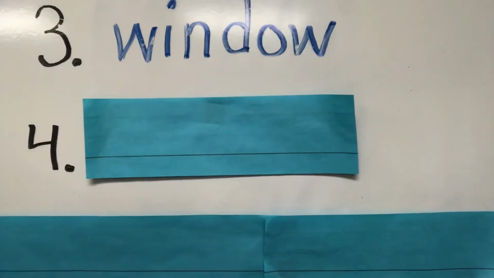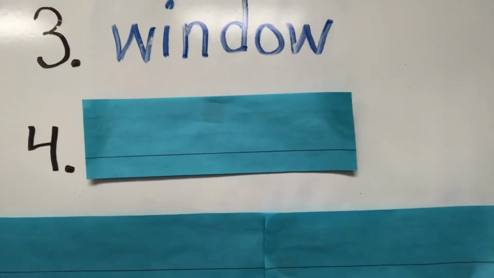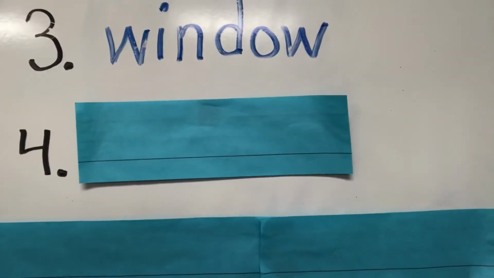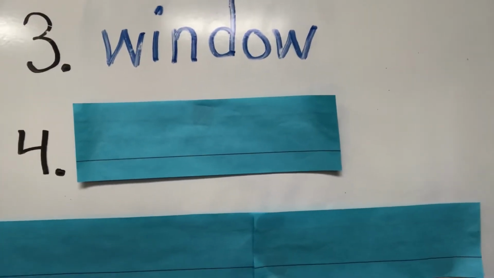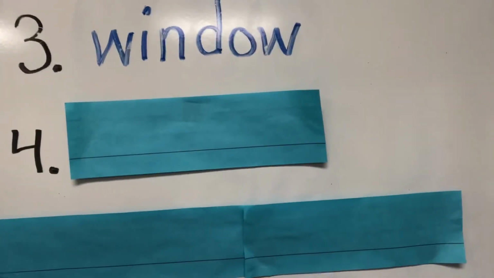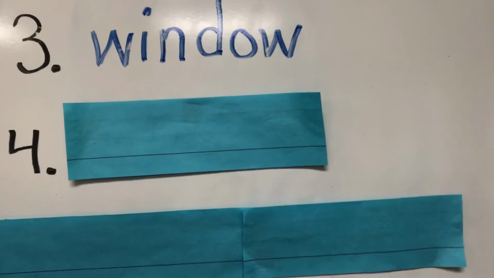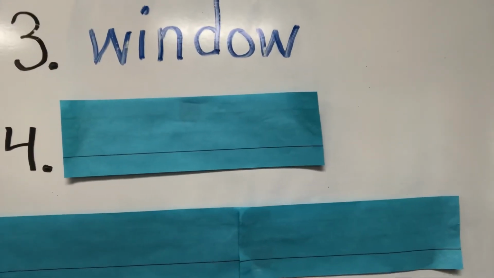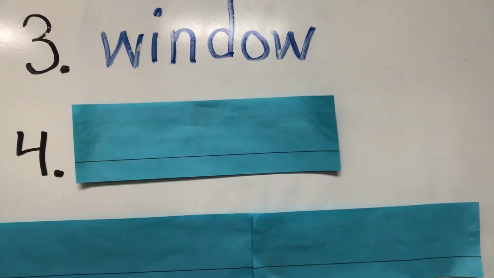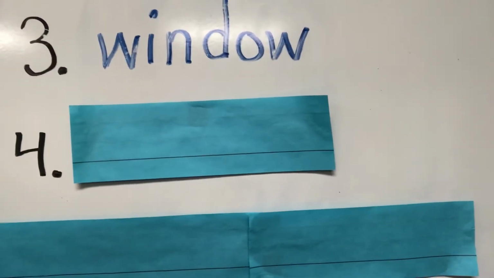Okay, let's look at number 4. I will give you a hint. It is a compound word, and it's using a spelling pattern for a long O and a spelling pattern for a long E, like we talked about last week. So, are you ready? This wonderful word is oatmeal. Write the word oatmeal.